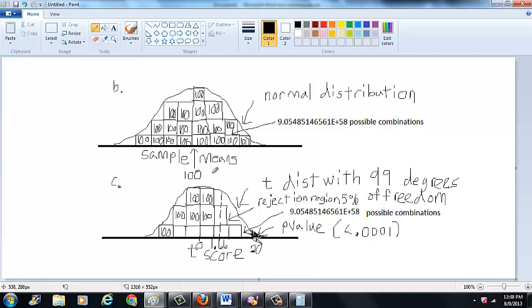So 100 is our null value right here. So I'll have you label this in part B. That finishes that question.